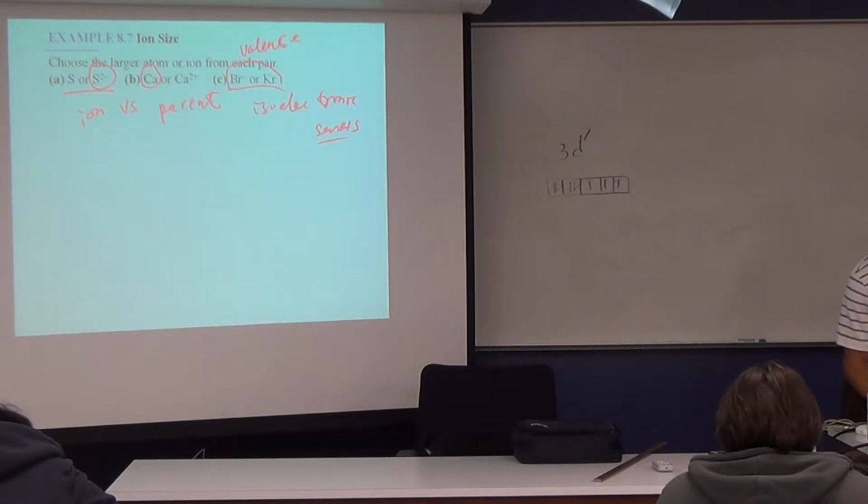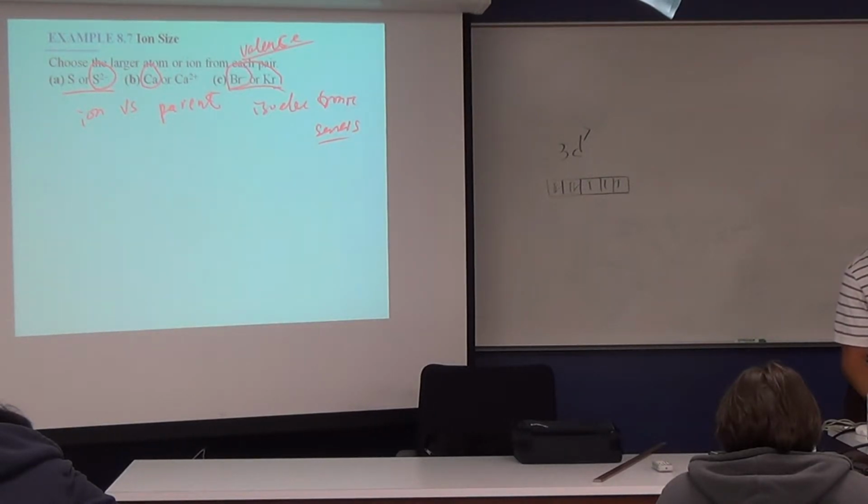Valence electrons are very important. So how many valence electrons for these two? The valence electron number is the same. You compare the valence electrons, and they will be the same. So therefore, which one is bigger?